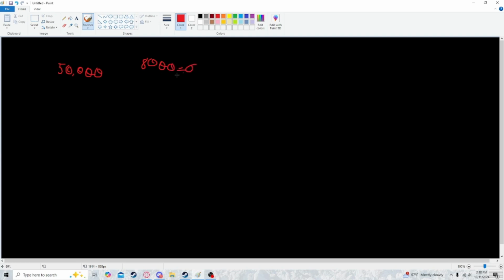This is the standard deviation, this is the mean, and the sample size, n, is 100.